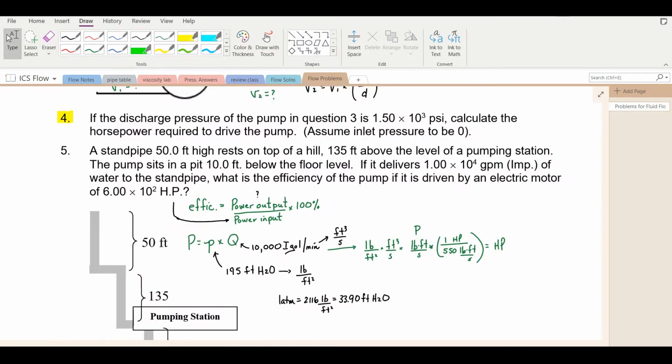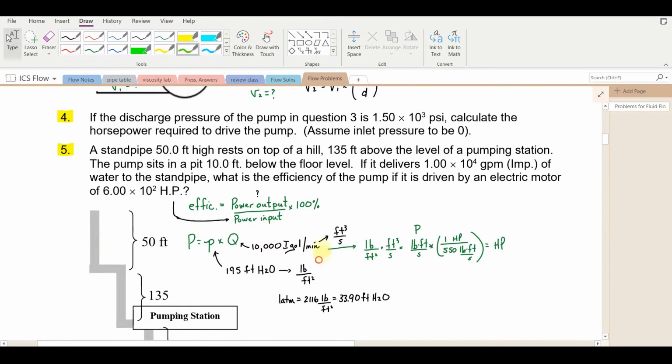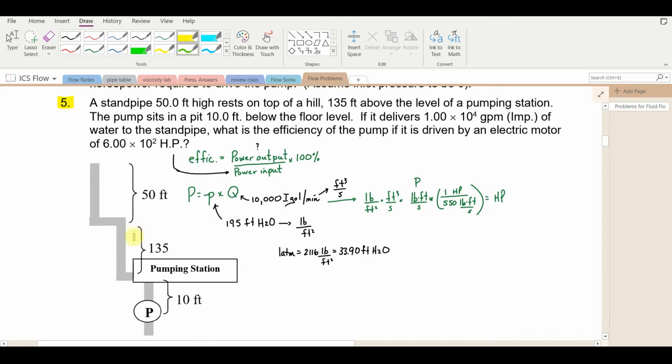Question number 5, we're told that a standpipe 50 feet high. A standpipe is simply a pipe that's standing upright. So here it is, 50 feet high, rests on top of a hill 135 feet above the level of a pumping station. So you can see this diagram is not to scale. And a pump sits in a pit 10 feet below the floor level.